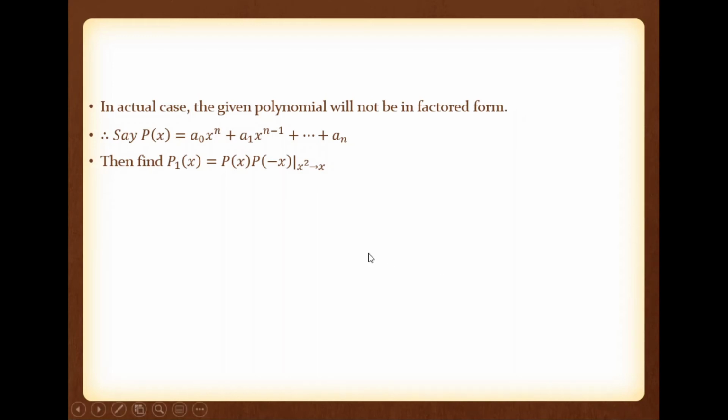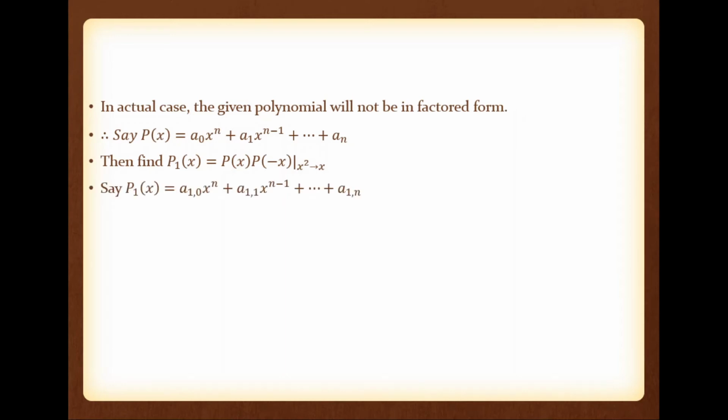So I told you, we can calculate the roots of p of x from the roots of p1 of x, or indirectly we can find the roots of p of x by using the coefficients of p1 of x.